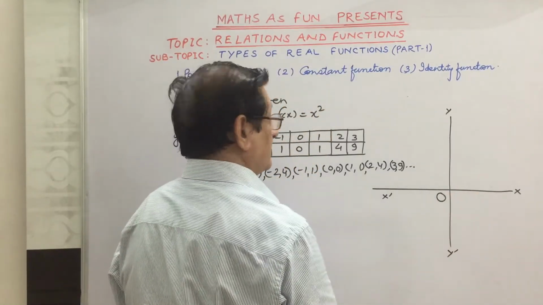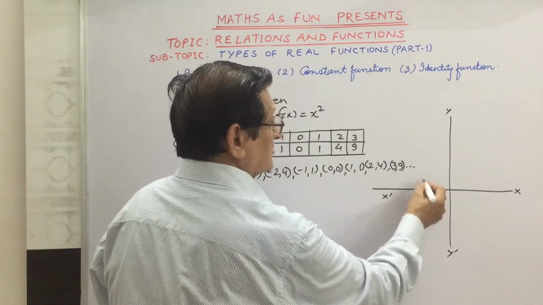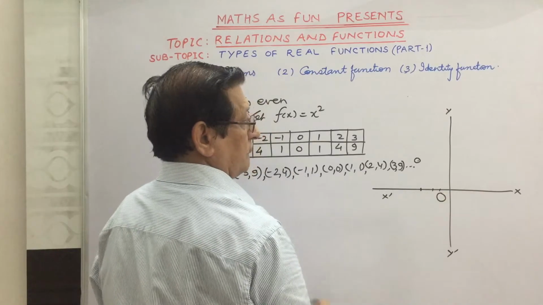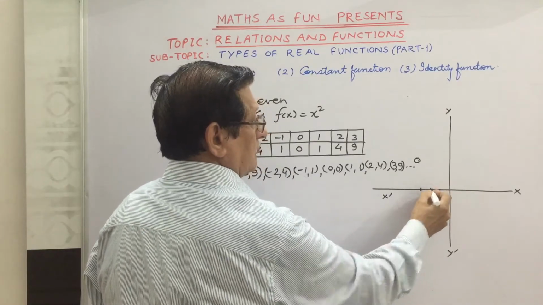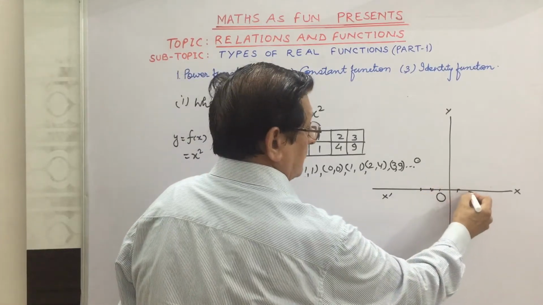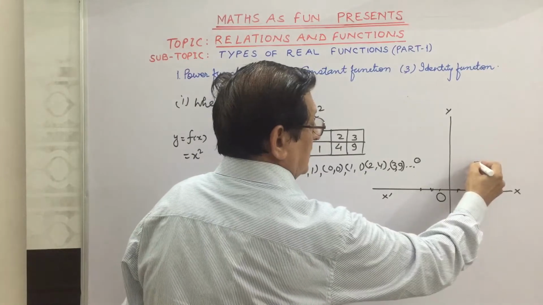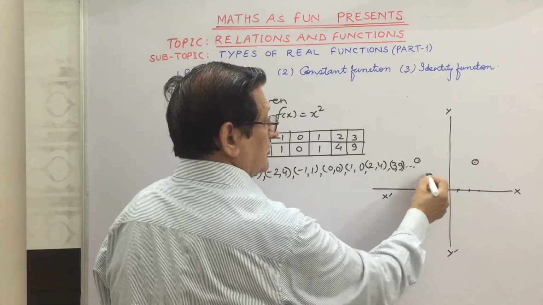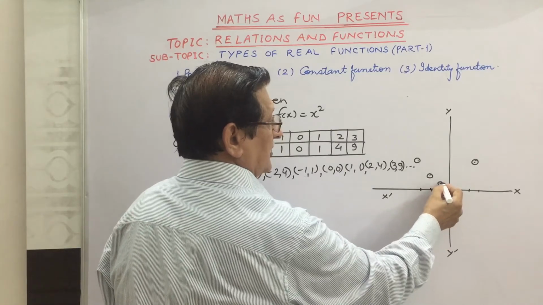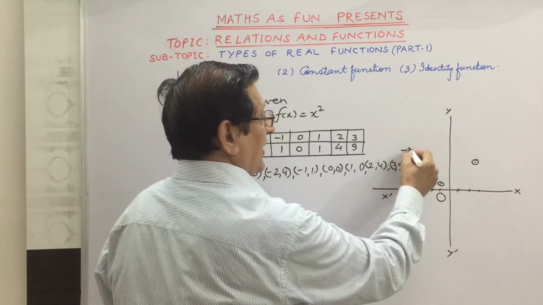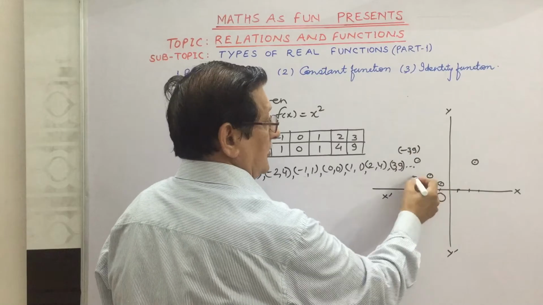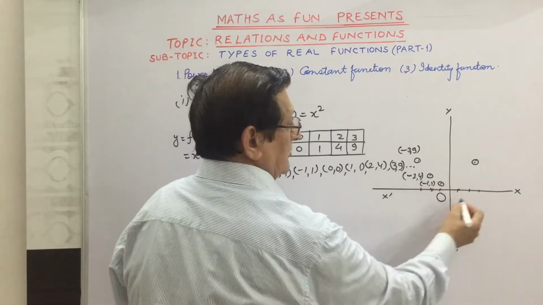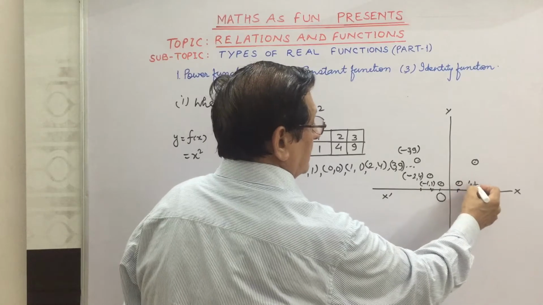What we find, these points are (-3, 9), suppose it comes here. (3, 9) is here. (2, 4) is here. (-2, 4), (-1, 1), then (1, 1) will come here.